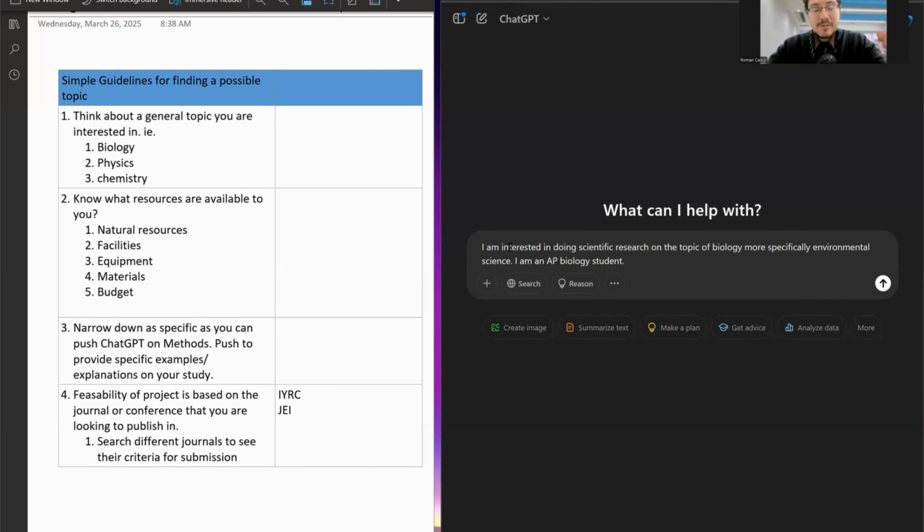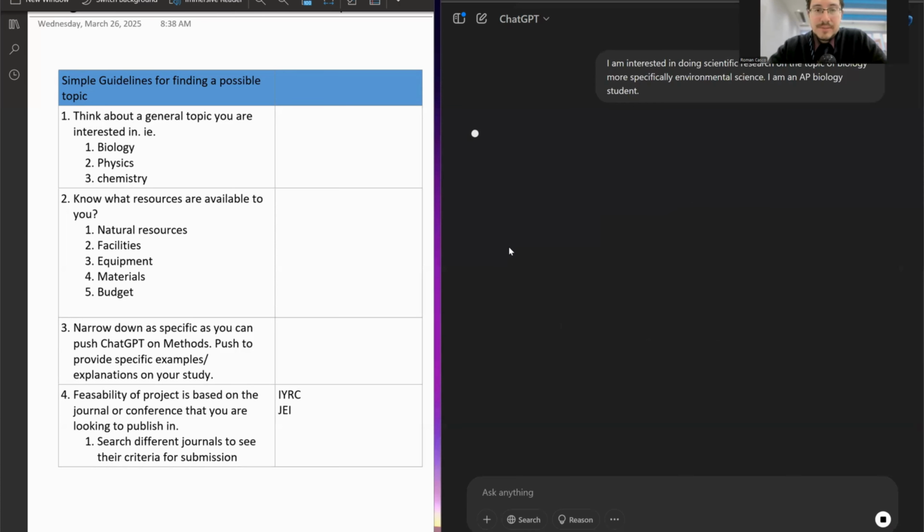It may be possible that some of you might not have that available. So that's something to consider when you want to do scientific research, right? For now, let's see what ChatGPT comes out with.